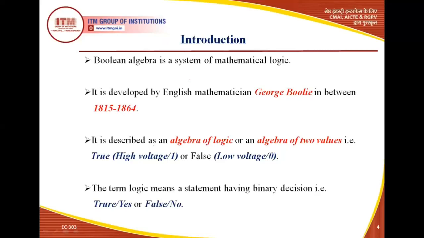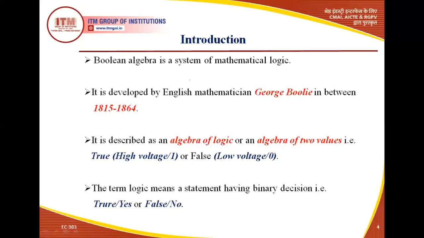So we can also call Boolean algebra the algebra of logic, because we have here only two logic values, or the algebra which works on two values, that means true or false value. Okay, या तो ये true value पे काम करता है या false value, that means high voltage level या low voltage level पे काम करता है.